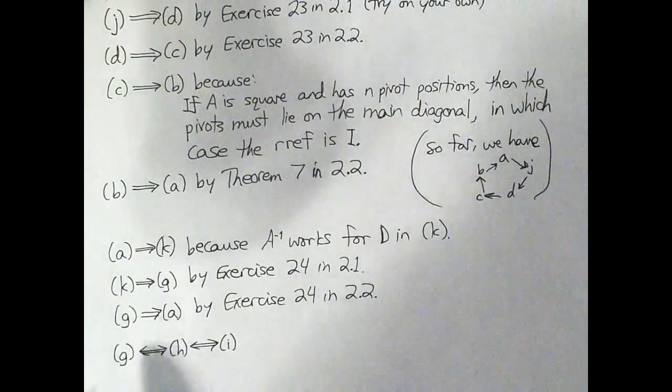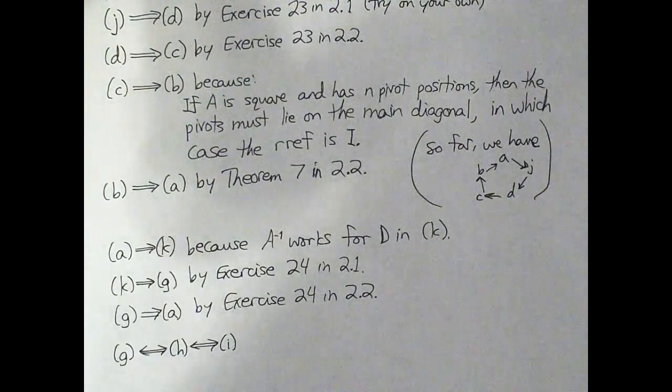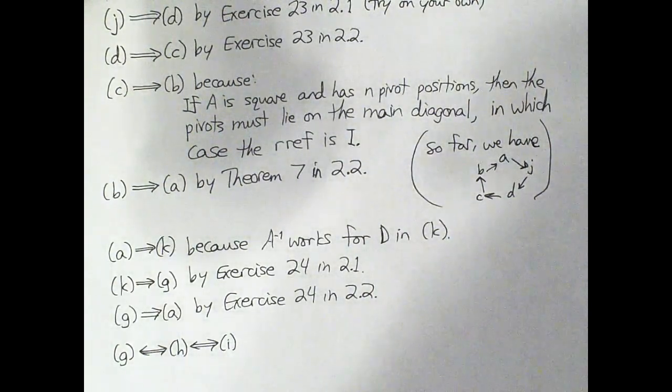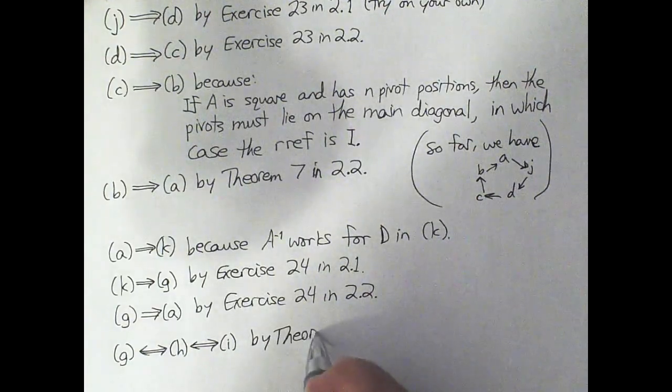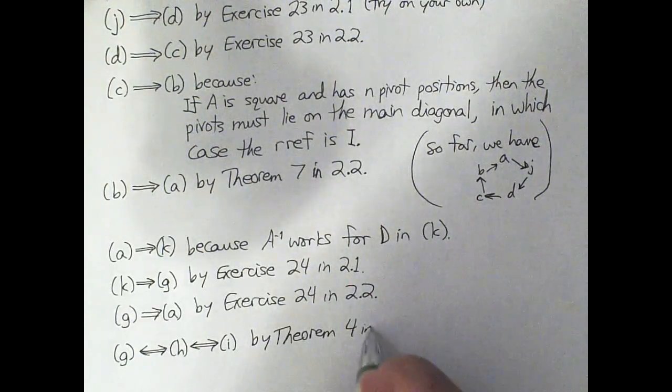Didn't I say G and H seemed like they were from the same lesson way back when? It was actually from the same theorem in chapter 1. And then I says the linear transformation. All right, so I came from later on, but G and H definitely were discussed together. So this happens by theorem 4 in 1.4.